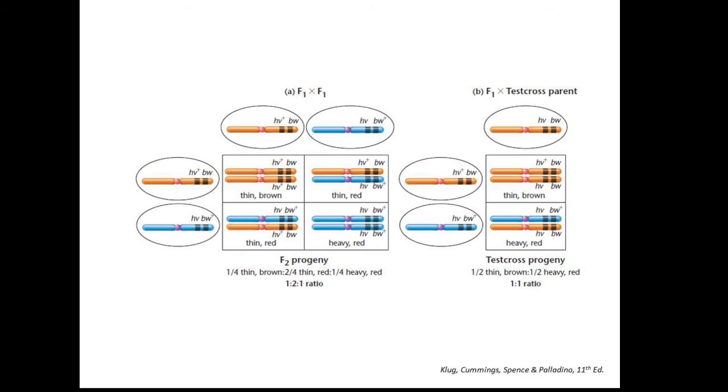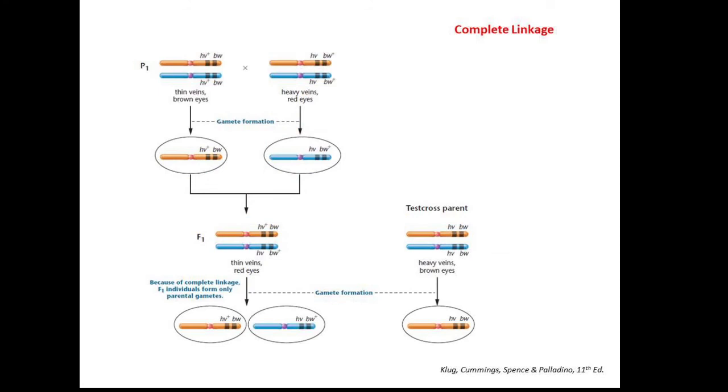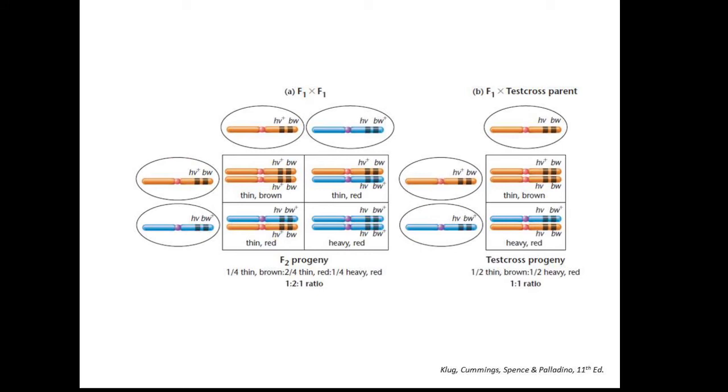And when F1 is test crossed, the ratio will be 1:1, thin brown and heavy red. The main essence of why I'm saying this is that if you look at the F1 and test cross progenies in picture B, the progeny after this crossover are the same as the parental type: thin brown, heavy red.